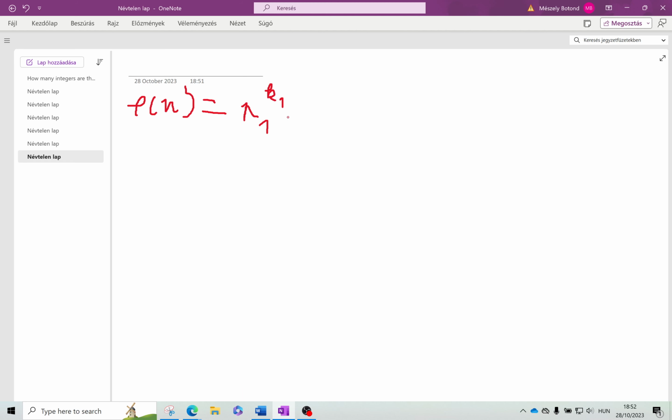It's basically any number to the power of something, minus p1 to the power of k1 minus 1, times p2, the second prime to the power of k2, minus p2 to the power of k2 minus 1.